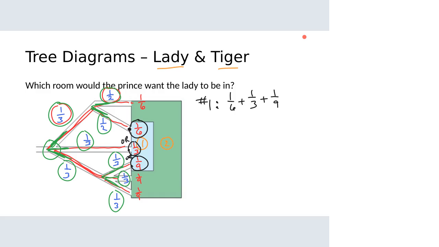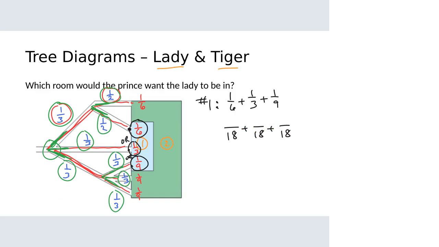That would be a common factor, Carolina. All right, Genesis with the 18, because 9 would be okay, but 6 won't go into 9. So that doesn't work. We need something that all three of them will go into, and that'll be 18. So we're going to rewrite these with 18 as our denominator.